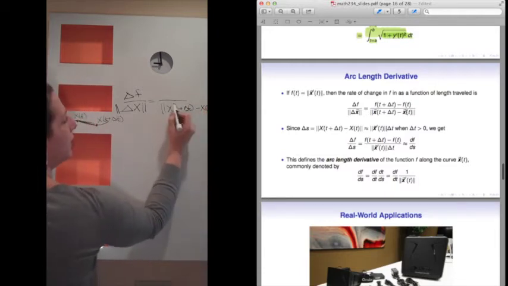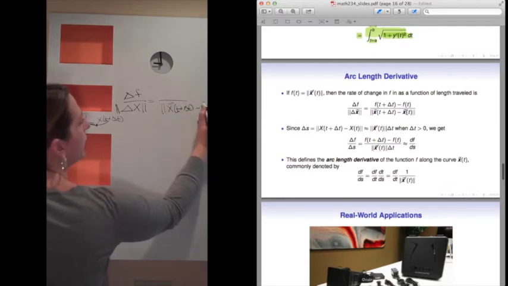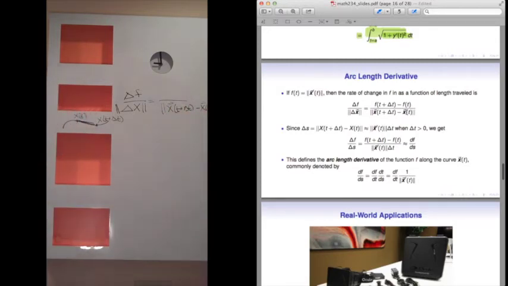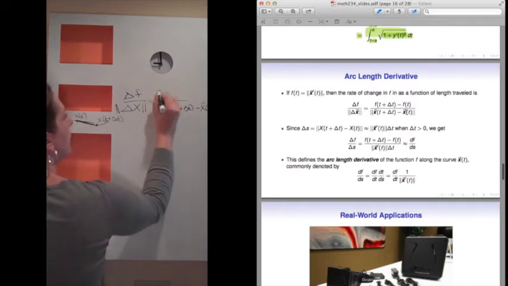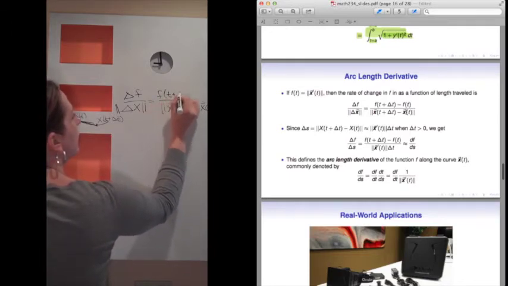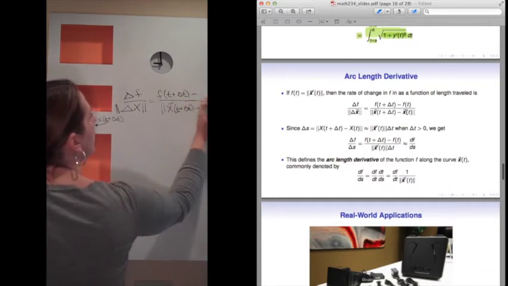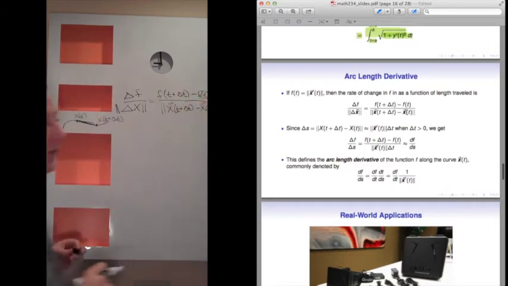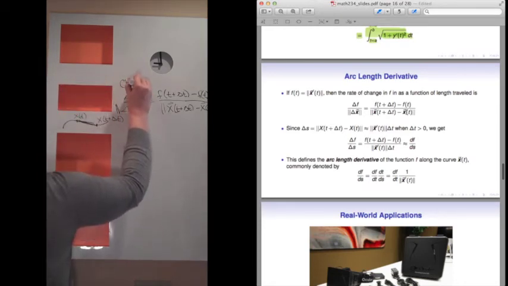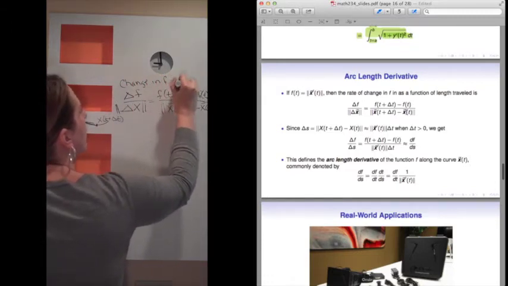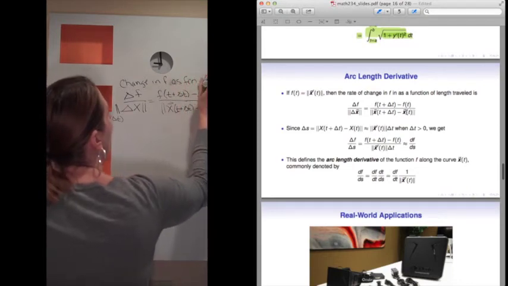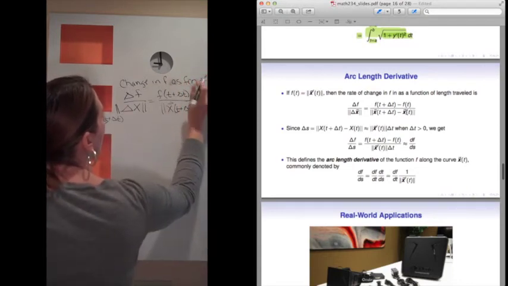It's the same whether we calculate the distance between the points or, in the formulas, take the norm of the velocity vector, the length of the velocity vector. That's what we get on the bottom. On the top, we just get f of t plus delta t minus f of t. So this is the change in f as a function of distance.